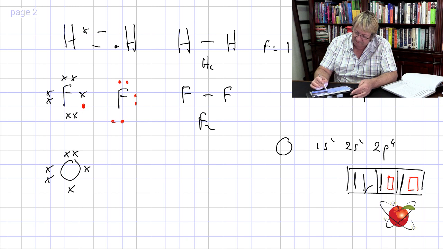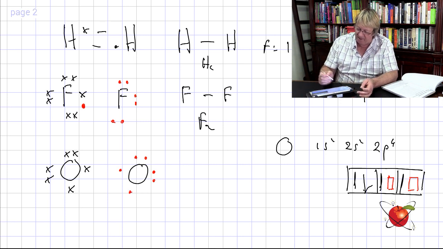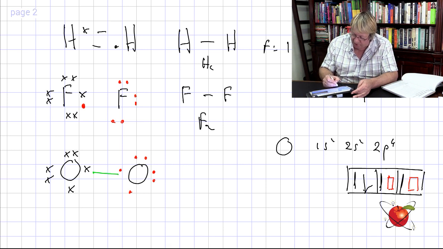Then I've got another oxygen coming along here. I'm going to put that one in red, and I'm going to put my 2, 4, 5, 6. Can you see now here, between the two, let's have a look. What have we got? There's a possible sharing, and there's a possible sharing.